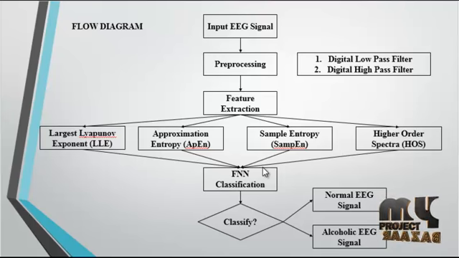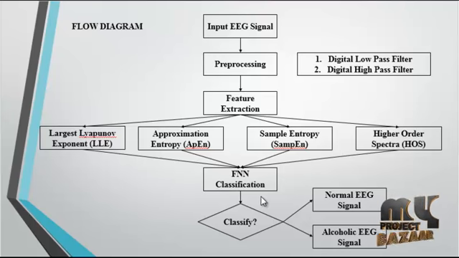For the classification, we have to give three inputs. First one is the test feature, then the train feature, then the target. The test feature represents the feature of the input signal, then the train feature represents the features of the whole dataset signals, then the target represents the two types. The first one is normal, then the second one is alcoholic.